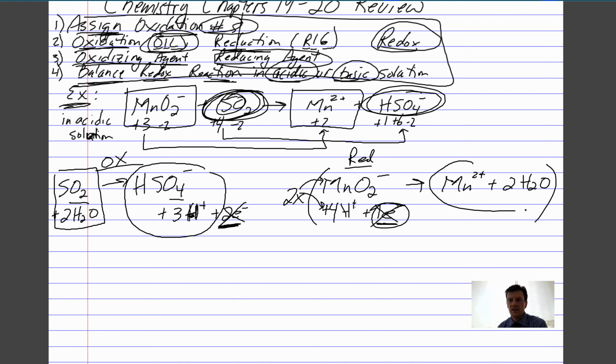So, for example, I've got 2 waters here as a product, and I got 2 waters here as a reactant. Those 2 waters are actually going to cancel. So that's kind of nice. And then I've got 3 H pluses as a product here, but over here I'm going to have 8 H pluses as a reactant. So 3 of these are going to cancel 3 of those 8.